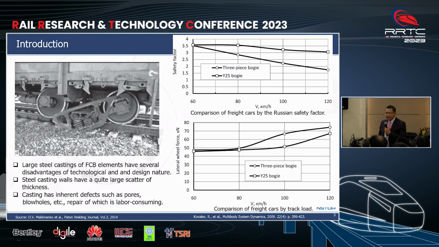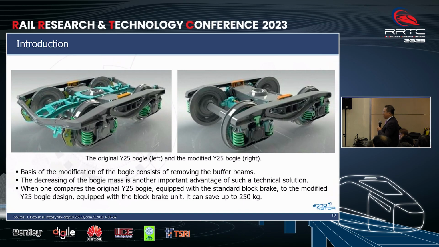And also, when we are dealing with the Y25 bogie, you can get better track friendliness than the 3-piece bogie. Okay? Regarding the Y25 bogie, how can we design it, and what kind of Y25 should we go with?